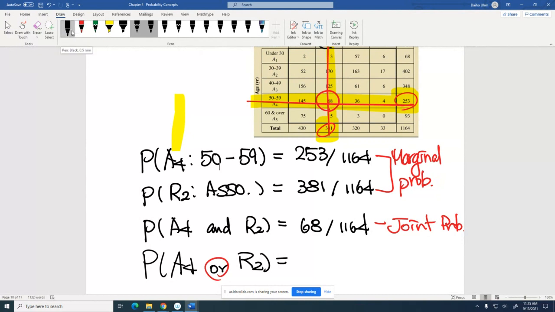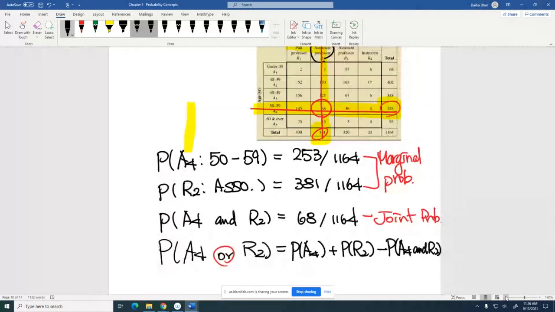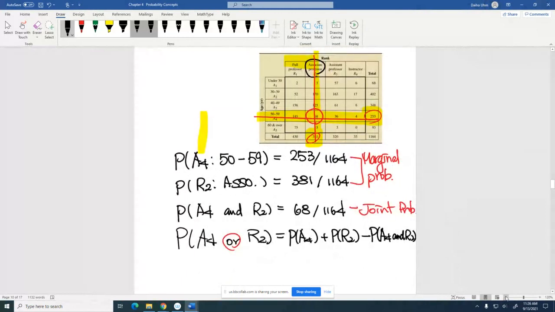Simply, I want to apply the general addition rule: probability of A4, 50s, add R2, associate, minus the joint probability A4 and R2. So separately, let me take the individual probabilities.